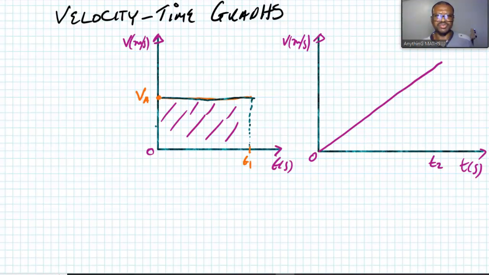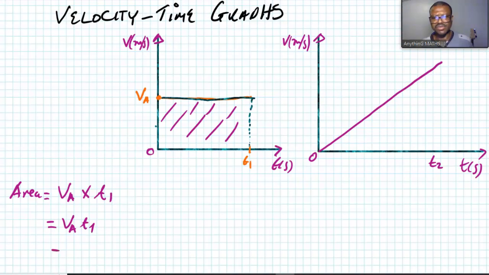Now it resembles a rectangle, isn't it? So the area will be VA, which is the value, times the length, which is T1. So this basically is VA T1.